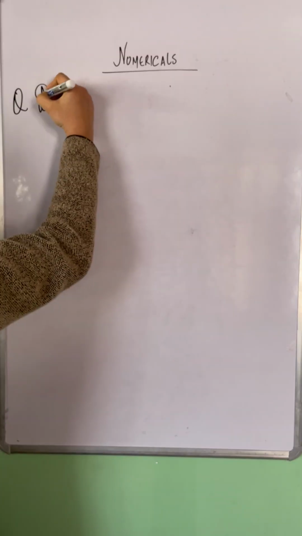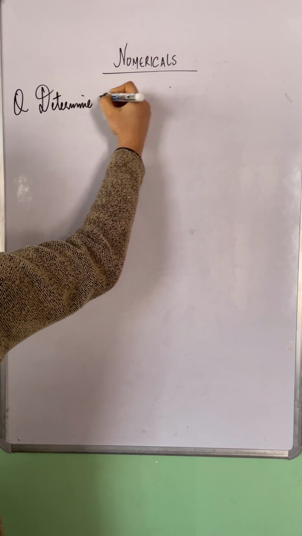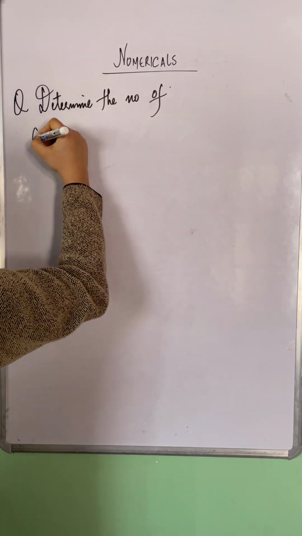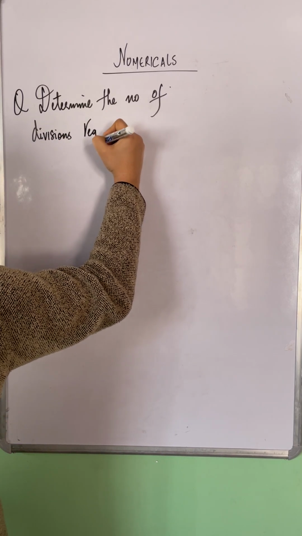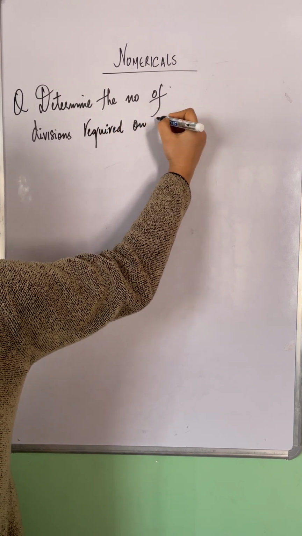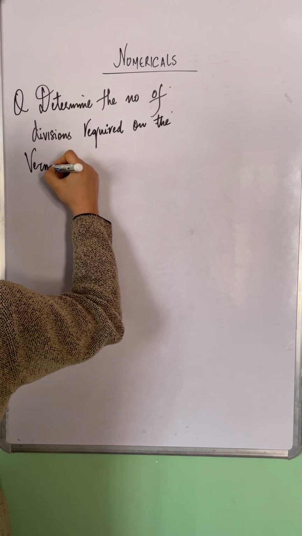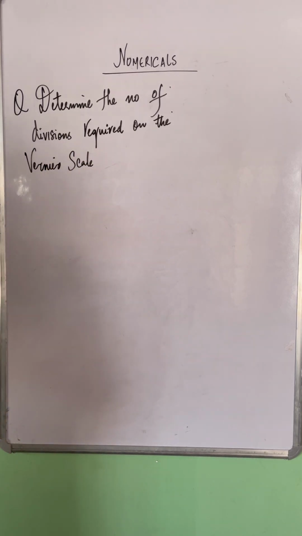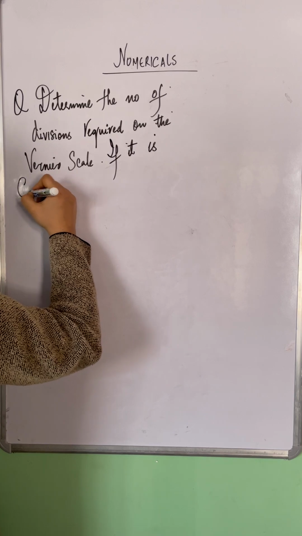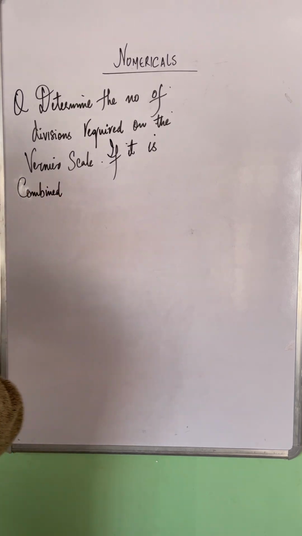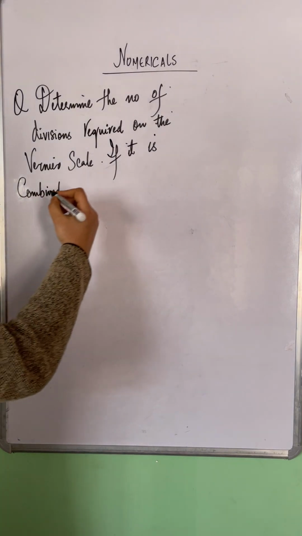My next question is, determine the number of divisions required on the vernier scale if it's combined with the main scale of least count 0.5.